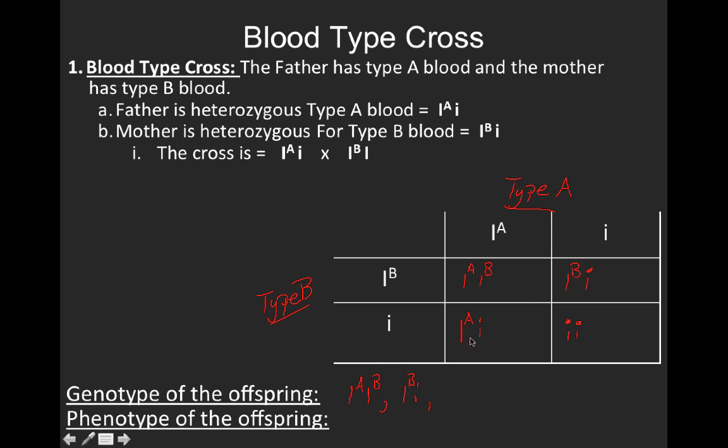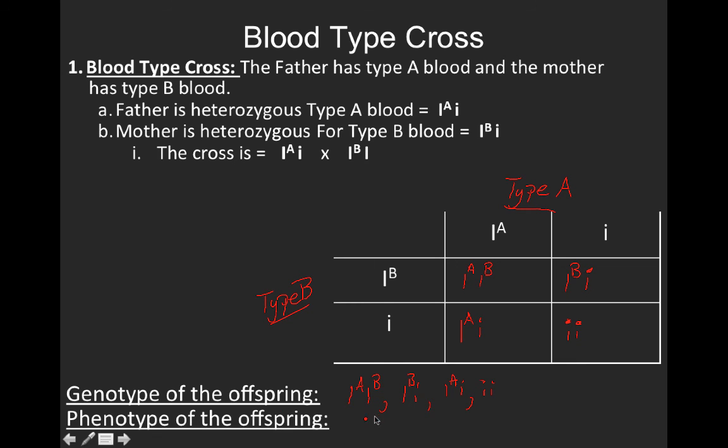The next one is going to be a type A individual. And then the fourth one here is going to be a type O. So a parent who is heterozygous for type A and a parent heterozygous for type B could produce a child with all of these different blood types, each one with a 25% chance here.